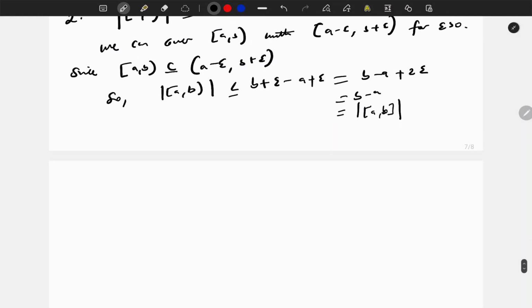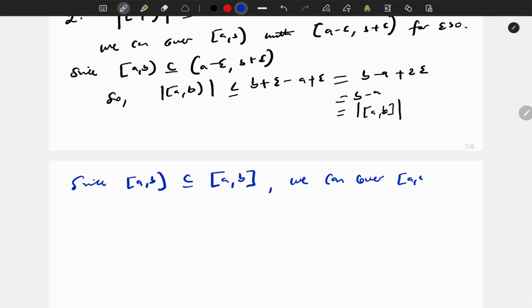So in the other direction, since the half interval is a subset of the closed interval, we can cover [a,b] with (a minus epsilon, b plus epsilon).